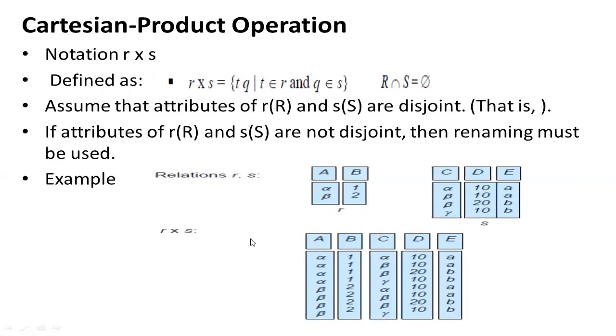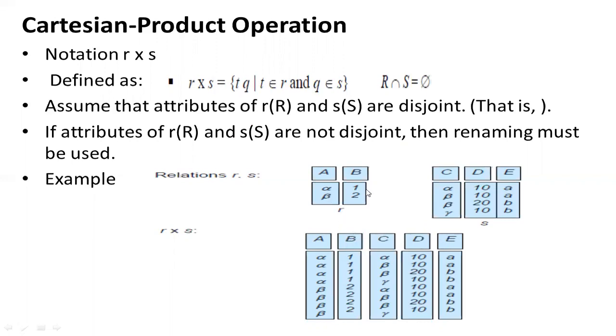You'll be taking the first row of your first relation and multiplying it with all the rows of your second relation. Then you'll be taking the second record from the first relation and multiplying it with all the records in the second relation. So you can see the attributes A, B, C, D, E. That is why we say it is a disjoint set.